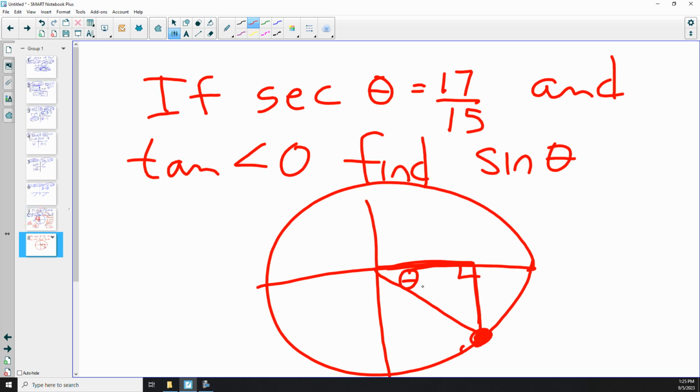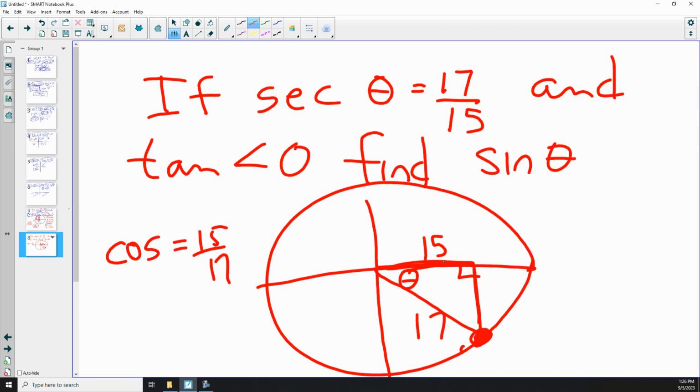Secant 15, 17 means that hypotenuse is 17. Very good. And 15 is who? They're both positive. And I think you were drilled this, who knows this triple?